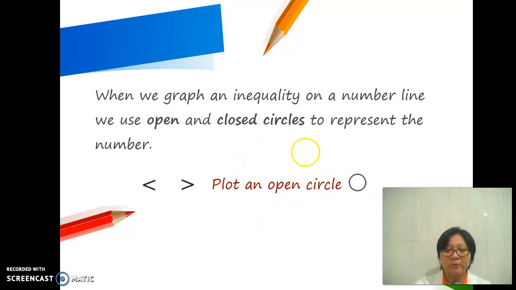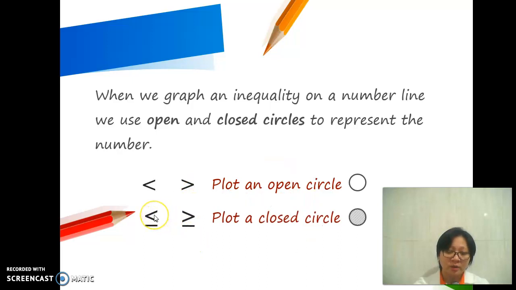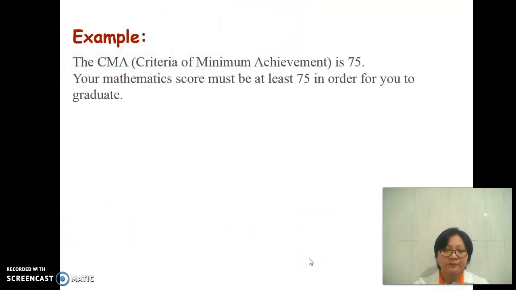We are going to use an open circle to represent these inequality symbols, less than and more than. For less than or equal to and more than or equal to, we are going to use a closed circle or shaded circle here. It means the inequality contains equality. Let's take a look how to use it.